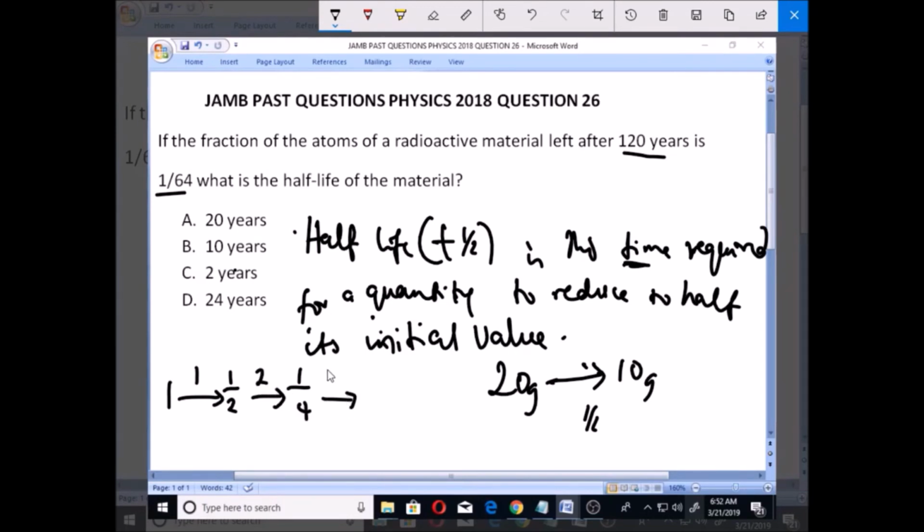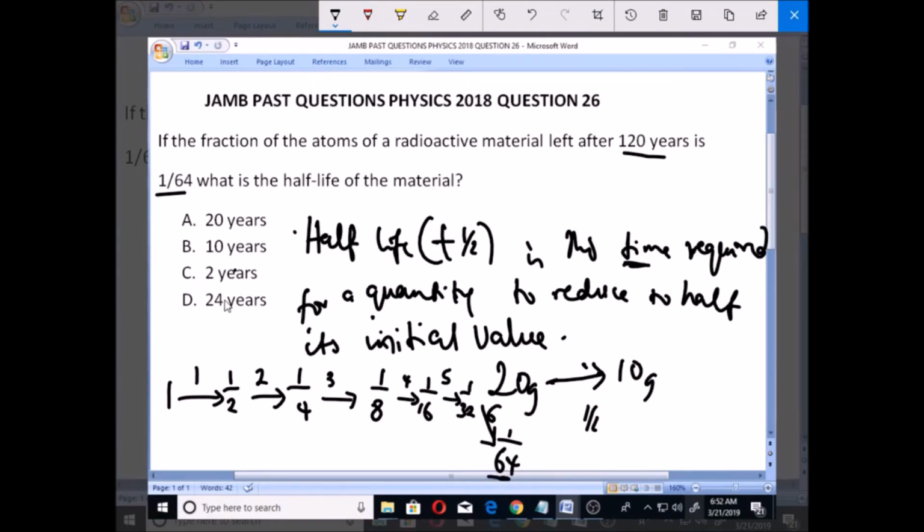Halving again for the third movement, you're going to have 1/8. For the fourth movement, 1/16. For the fifth movement, 1/32. And finally, halving again for the sixth movement, you're going to have 1/64.